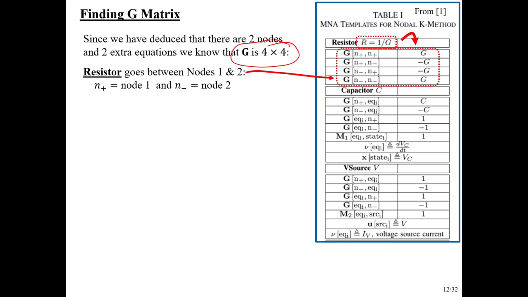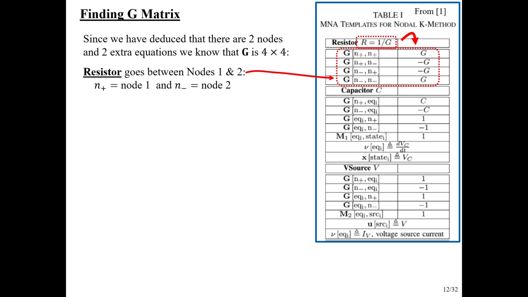So let's start populating it. We've got a resistor, so let's look to see what contributes to G. The resistor contributes to G, the capacitor contributes to G, and the voltage source contributes to G.